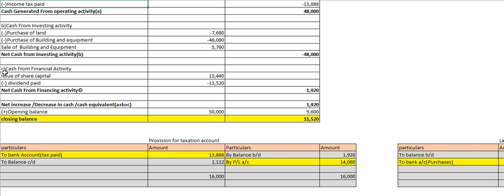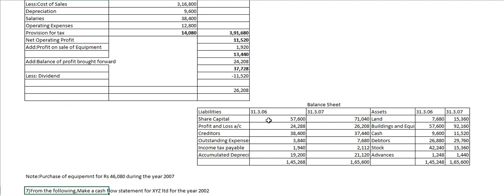Now let's move on to the third part, which is cash from financial activity. So in cash from financial activity, we only look into the components which will affect the finances of the company or the share capitals of the company. So if you see in the question, your share capital, which last year is 57,600, the current year it is 71,040, which has ultimately increased.